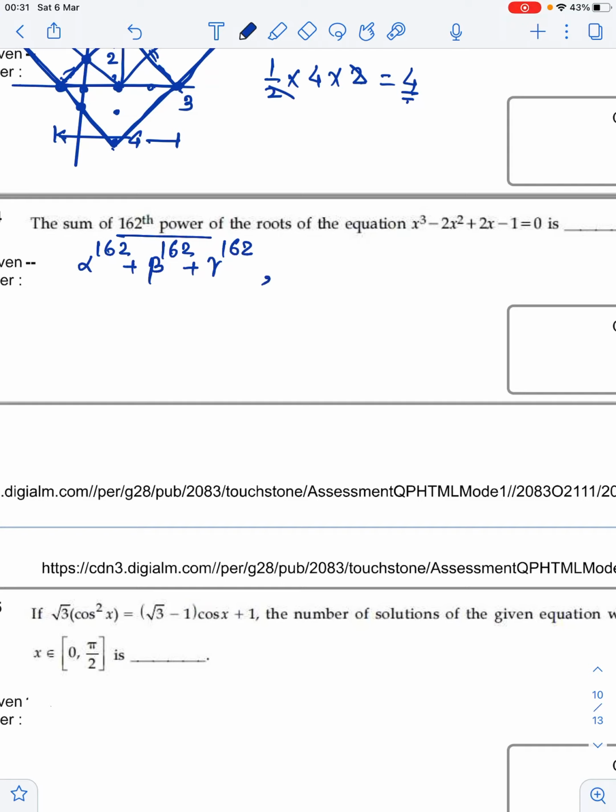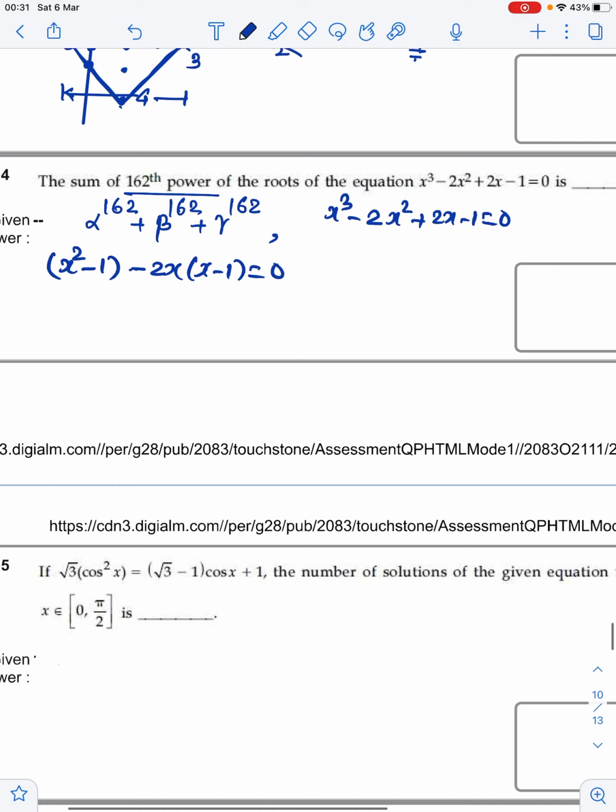Now easily we can get the roots of this equation. The equation is x cube minus 2x square plus 2x minus 1 equal to 0. So I have rewritten it as x cube minus 1 together, and out of 2x square and 2x, minus 2x common, it becomes x minus 1 equal to 0.